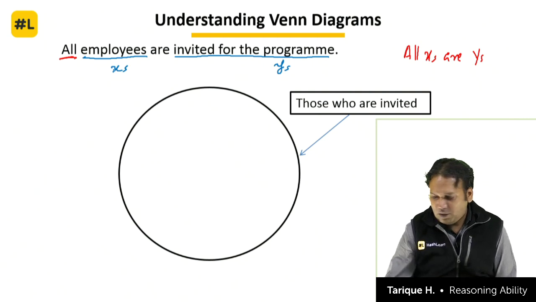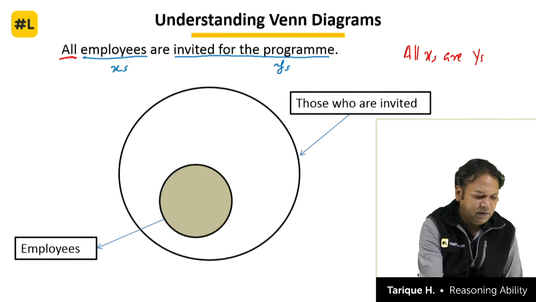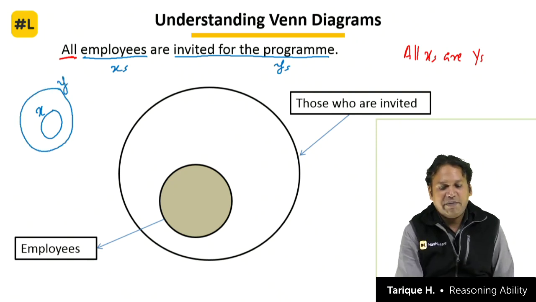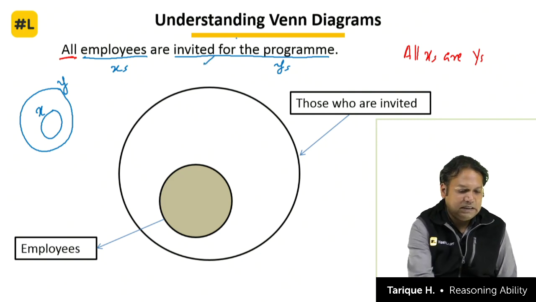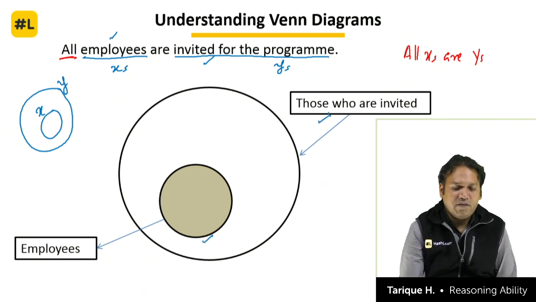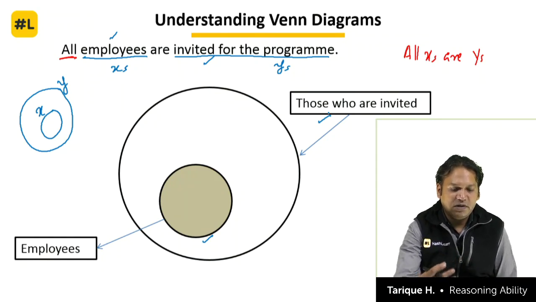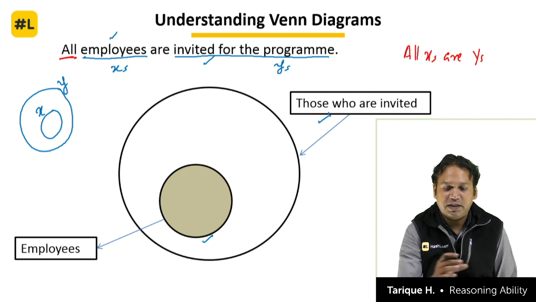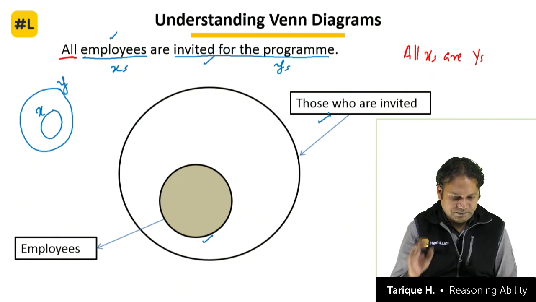The circle of employees will be inside this circle, because all x's are y's means, as we have seen earlier, that x is a circle inside y. Clear? That's how we have made this. This y is those who are invited for the program, and x is employees. The circle of employees is inside the circle of those who are invited. That is how we represent real life statements in a Venn diagram using the different types of categorical propositions that we have seen in syllogism.